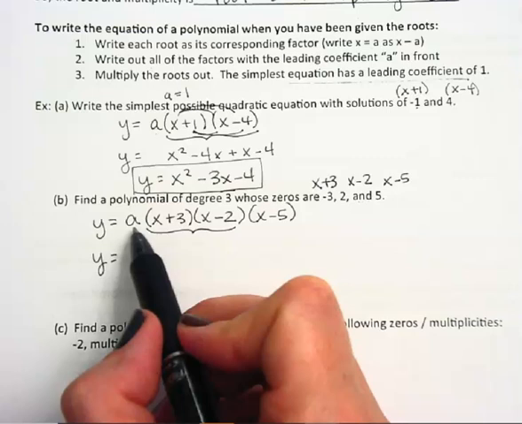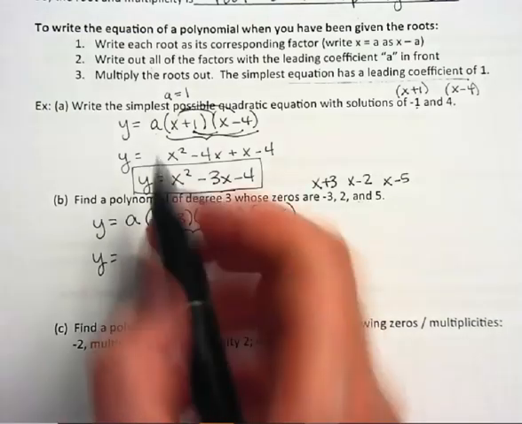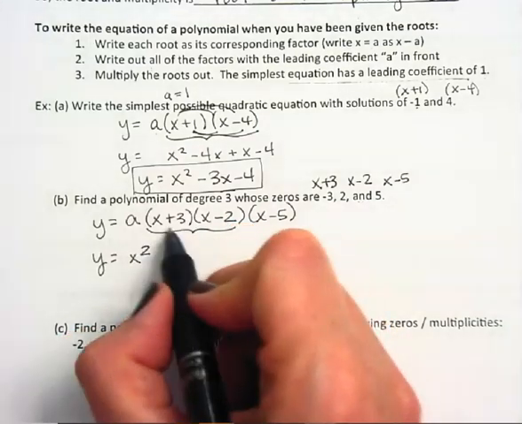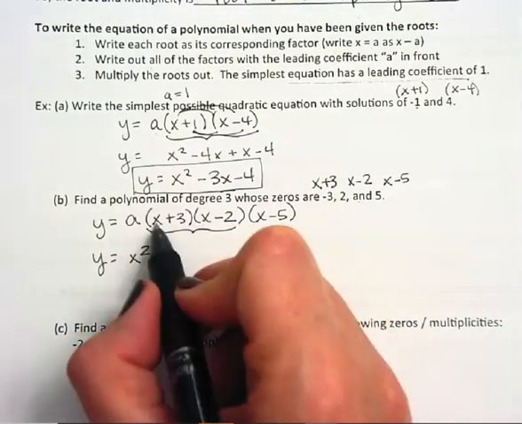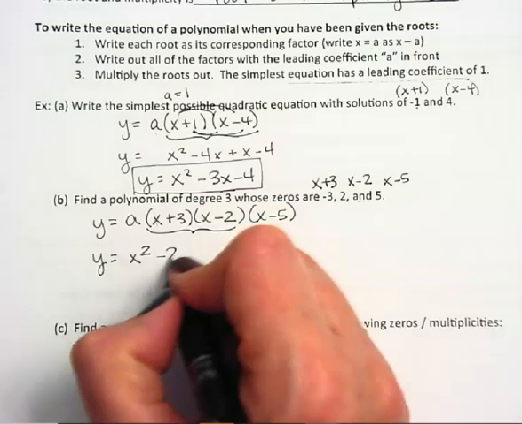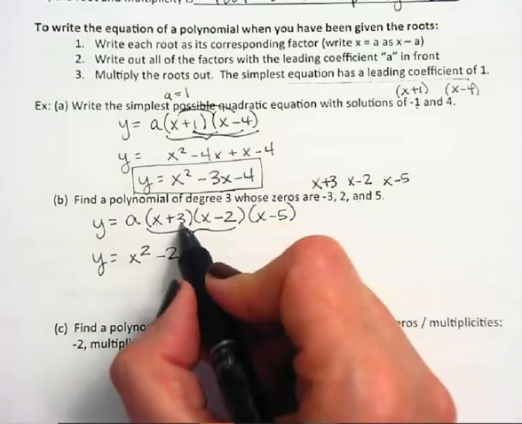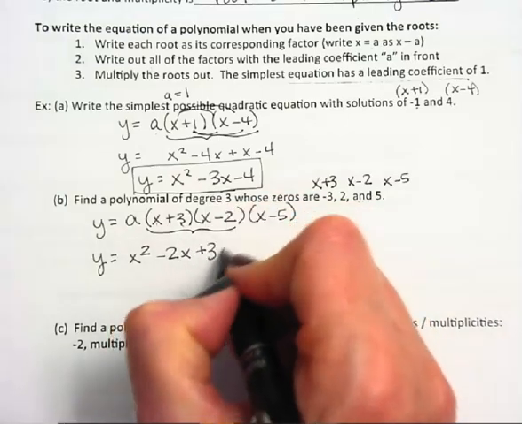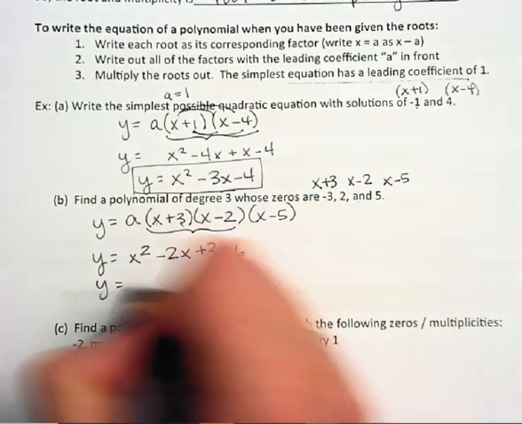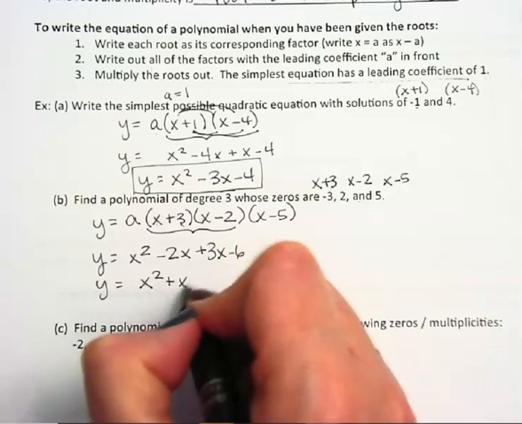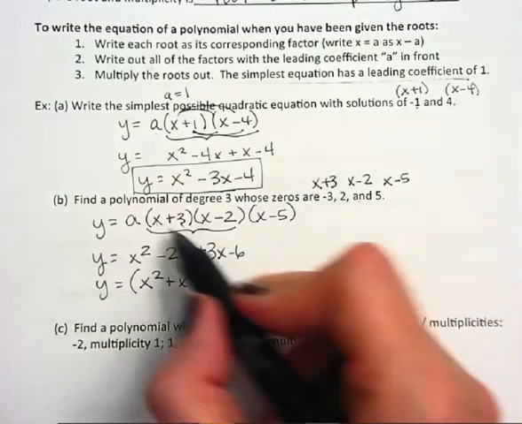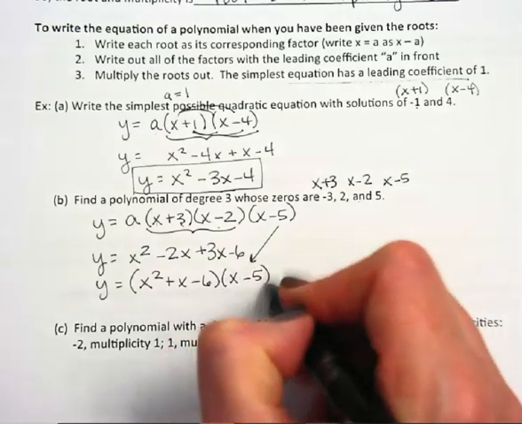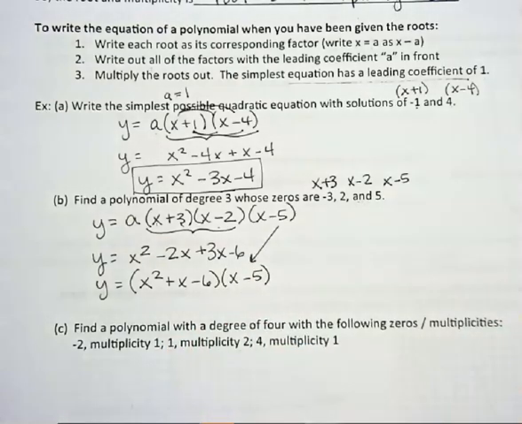I'm going to go ahead and replace a with 1 and then just not bring it down. Distribute the x, that gives me x squared minus 2x. Now distribute the 3, that gives me 3x minus 6. So I've multiplied those first two binomials together. Now I bring down this last binomial and multiply it.